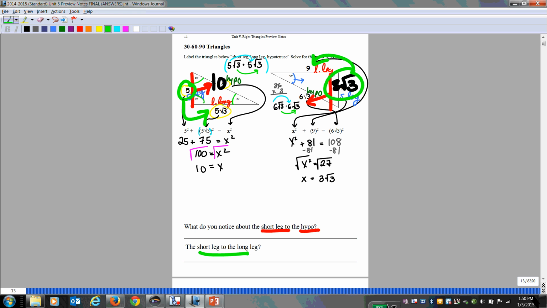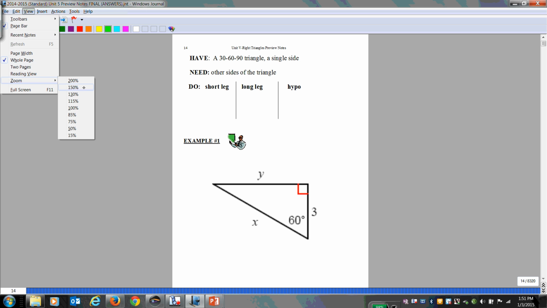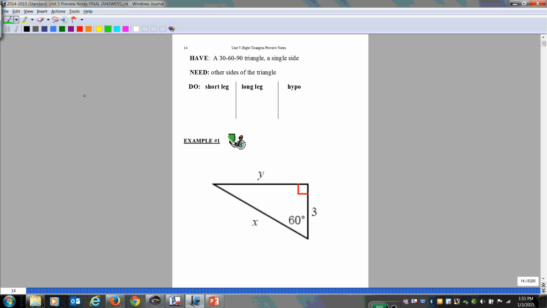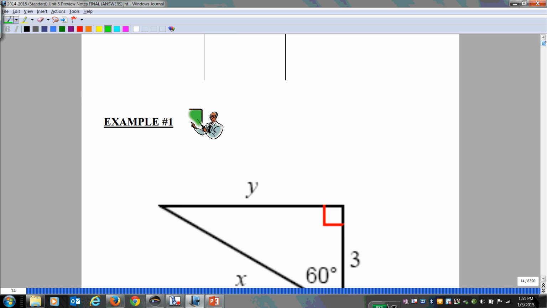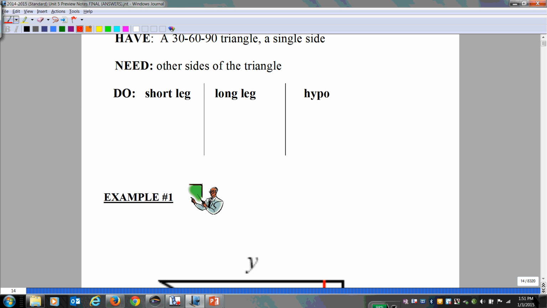All right. This pattern, what I'm about to show you, only works for 30, 60, 90 triangles, nothing else. In a 30, 60, 90 triangle, everything starts with the short leg. So we start here with the short leg. So just write short leg.